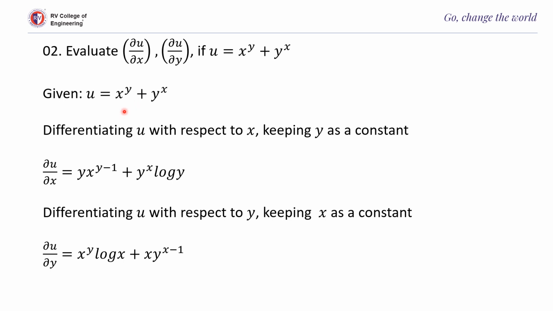Therefore, differentiation of a^x is a^x log a, so differentiation of x^y becomes x^y log x. Then differentiation of y^x is nothing but x y^(x-1). So these two are the derivatives of u with respect to x and y.